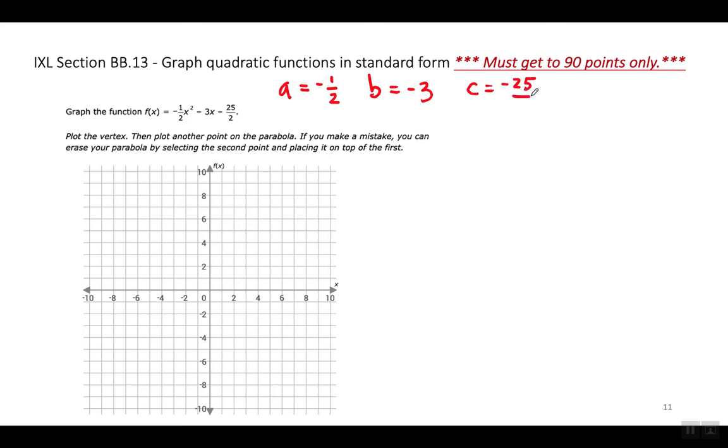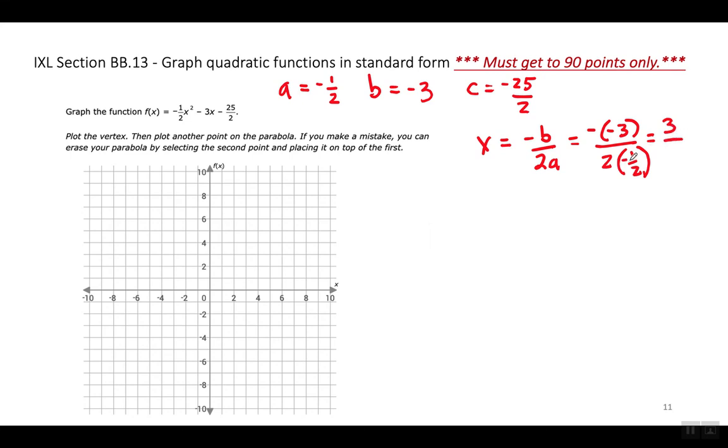And that's the y-intercept. Okay, so first thing I'm going to do is find the x coordinate of the vertex by finding the axis of symmetry using this formula. When I plug in the values, I'm going to have on the top negative 3, on the bottom 2 times negative 1/2. All right, so on the top you're going to get positive 3.